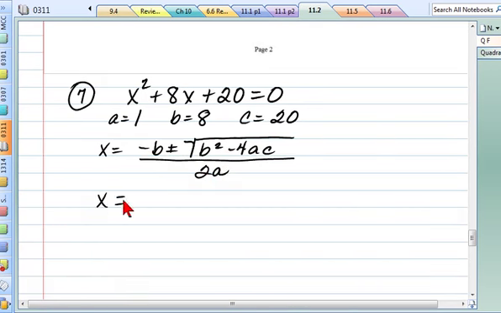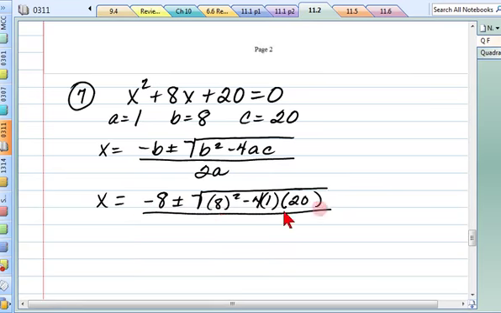X is equal to, opposite of b, negative 8, plus or minus the square root of 8 squared minus 4 times 1 times 20, all over 2 times 1.